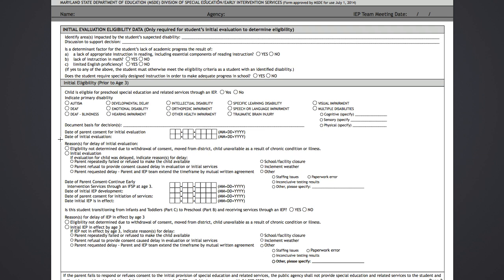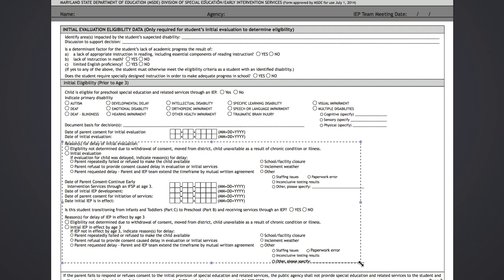If for any reason there was a delay in those 60 days, the initial eligibility section of the IEP actually gives quite an extensive area for team members to document the reason for delay. And it's important to note here that this really is for documentation purposes.